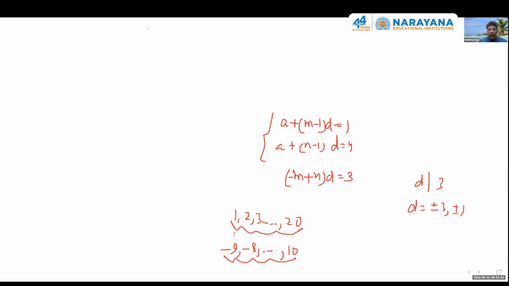I will tell you. Simply you have to take this. Suppose this is A plus m minus 1 into d. Here, for the first case, you take d equal to 1. So if d equal to 1, you can easily check because the gap is 1, all elements are common. So you can write a plus m minus 1 into 1, and there a dash plus n minus 1 into 1.